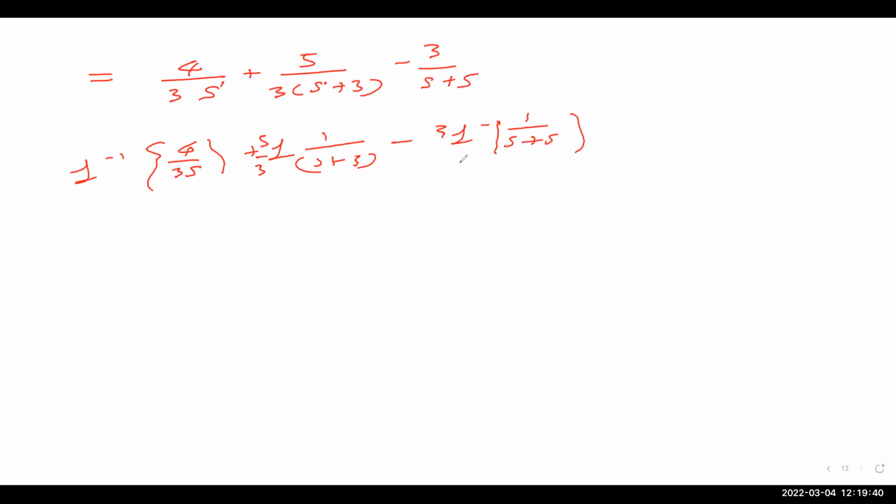We know from our table that when we have something like 1 over s plus a, we can write this as e to the power minus at. So we can use that here, and for 1 over s it's simply 1.